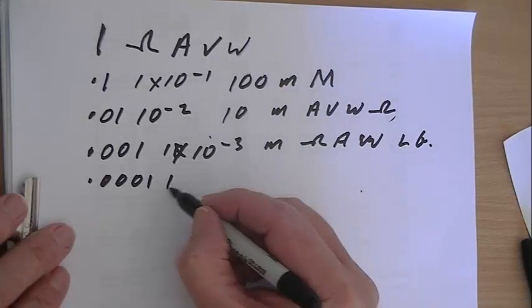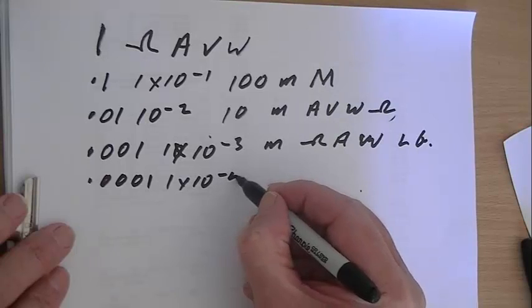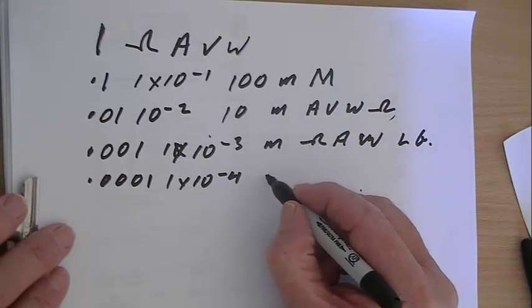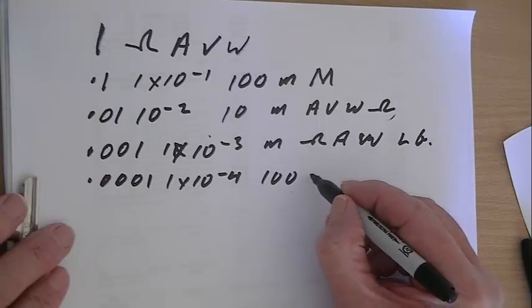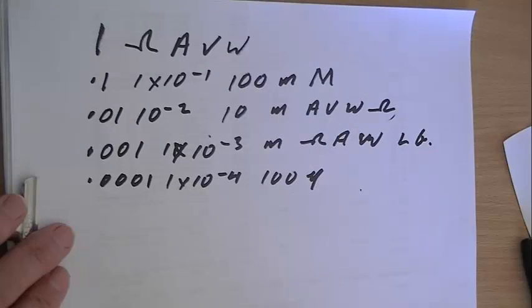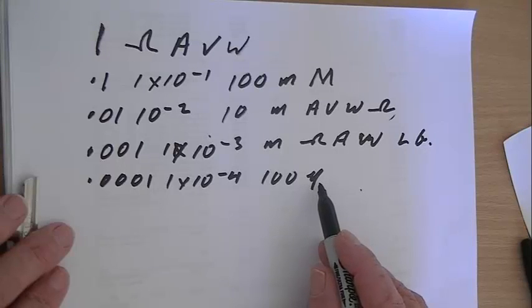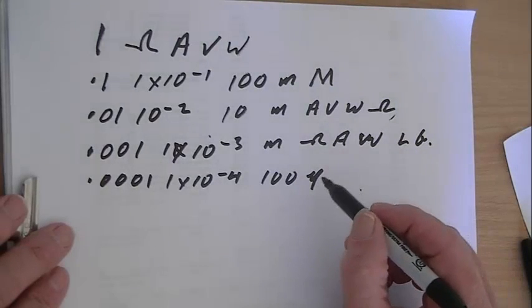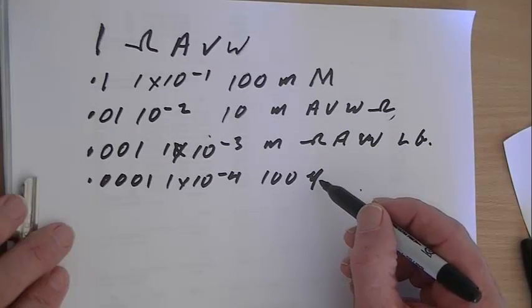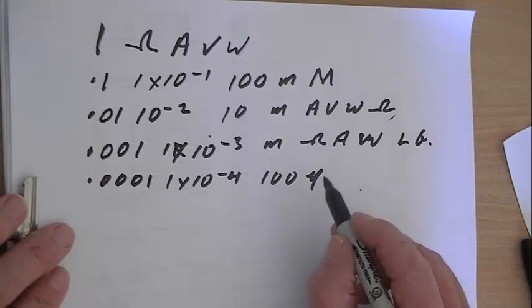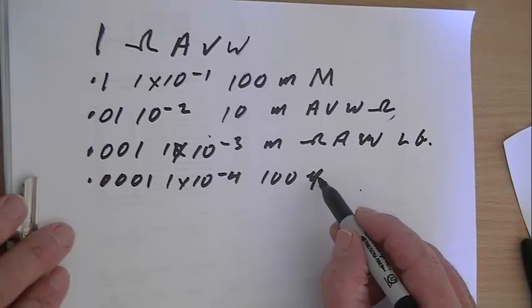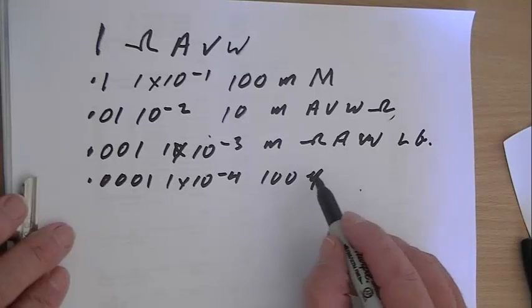Then we go into 0.0001, which is 1 times 10 to the minus 4, which is 100 micro. Now, the symbol for micro is the Greek letter mu. A lot of people confuse it with the letter U because there is no mu on a keyboard. And surprisingly, I don't think it's even in the Greek alphabet if you look at for symbols. It may be, I might have missed it. But the symbol for a millionth is mu, and that's how you'll see it written.